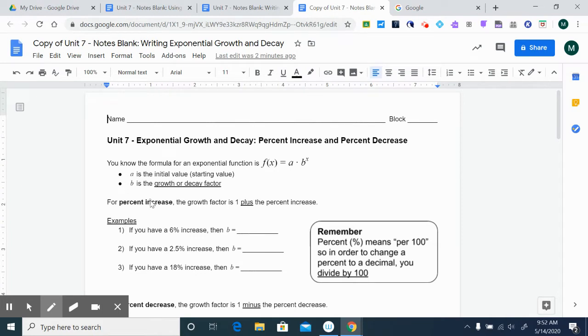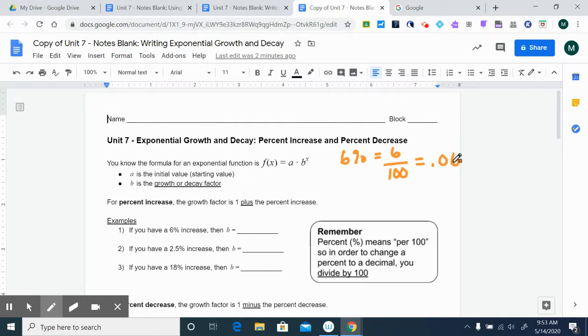When we figure out our growth or decay factor, for growth, we're going to basically take your percent and then add 1. The tricky thing is that before we add 1, we need to put the percent in as a decimal. So 6% as a decimal: percent means per 100, so if I do 6 divided by 100 in my calculator, I'd get 0.06.